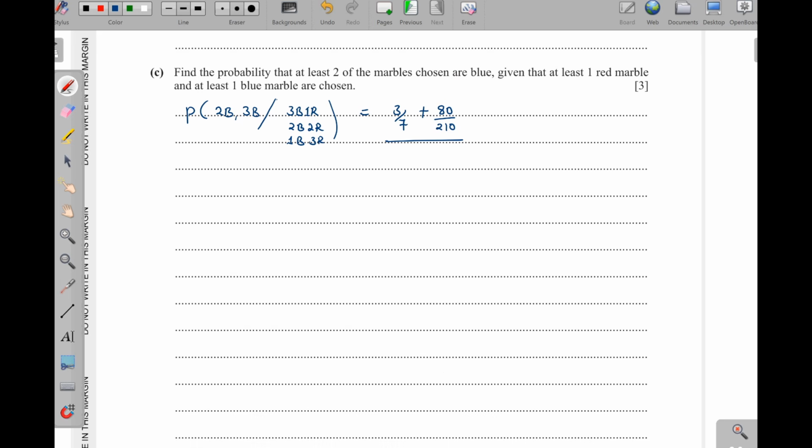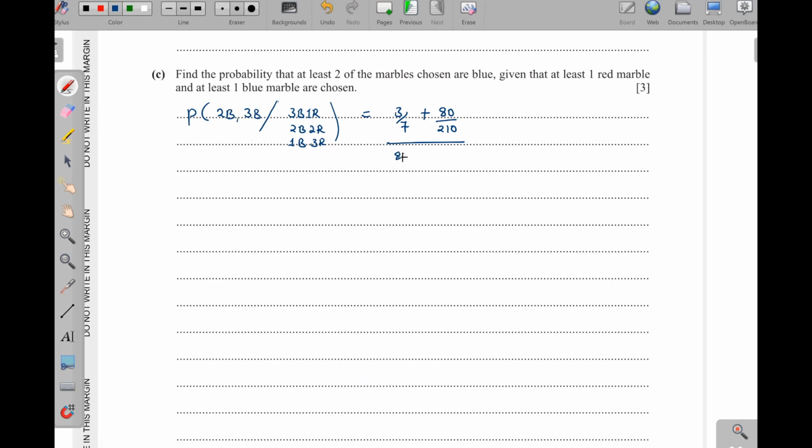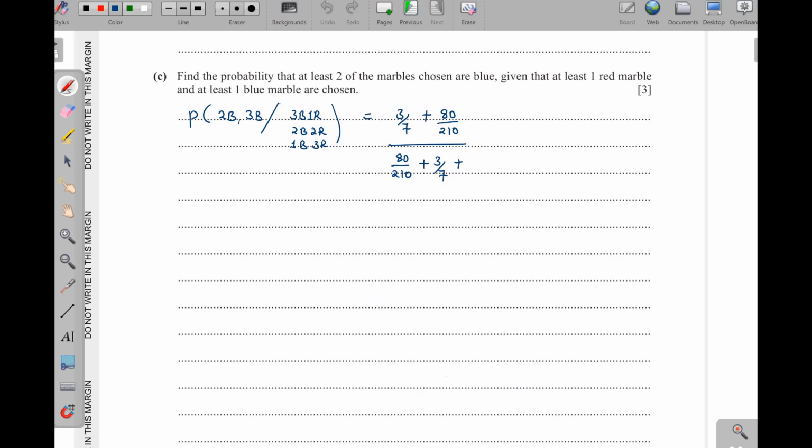And then down here, 3 blues and 1 red. That is 80 out of 210. And then 2 blues, 2 reds. That is 3 over 7. And then we have 1 blue, 3 reds. 1 blue is 24 out of 210.